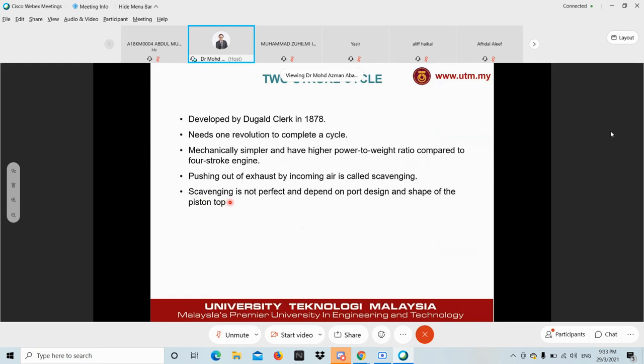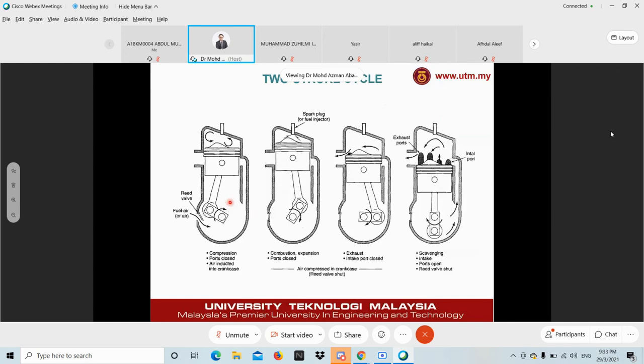Let's see some of the port designs and shapes of the pistons. Here you can see the movement of the piston over 360 degrees, and how the fuel and air go into the block.